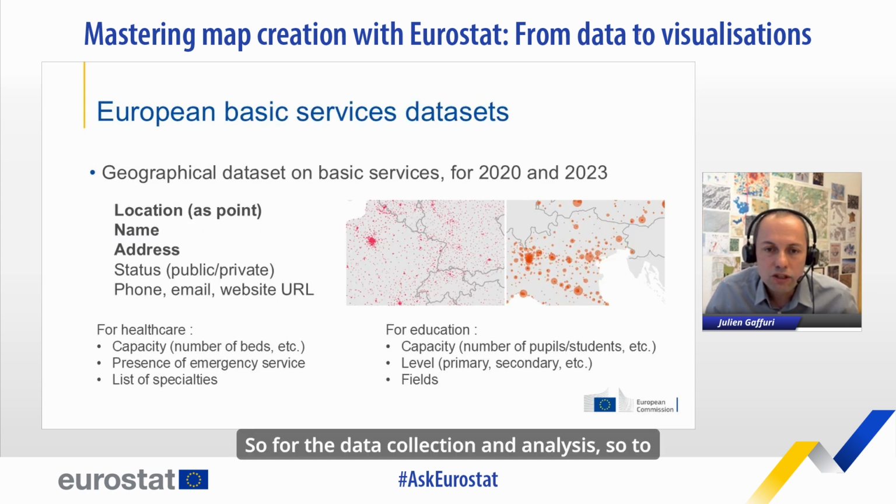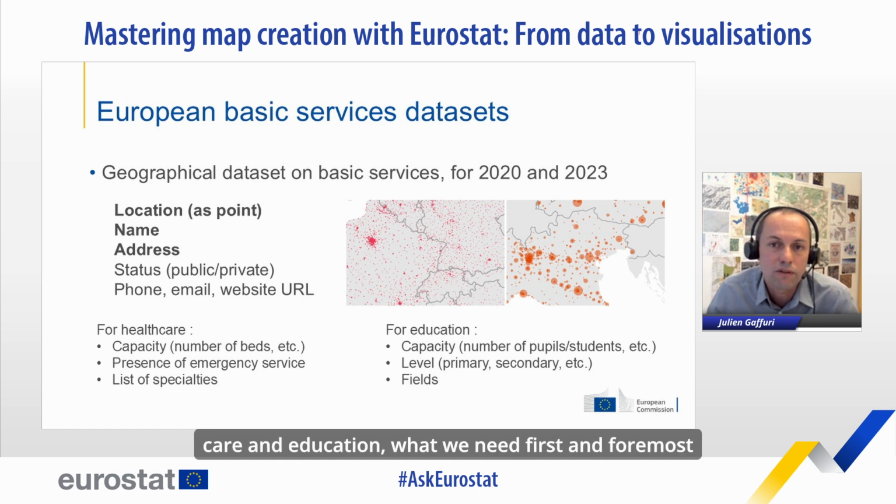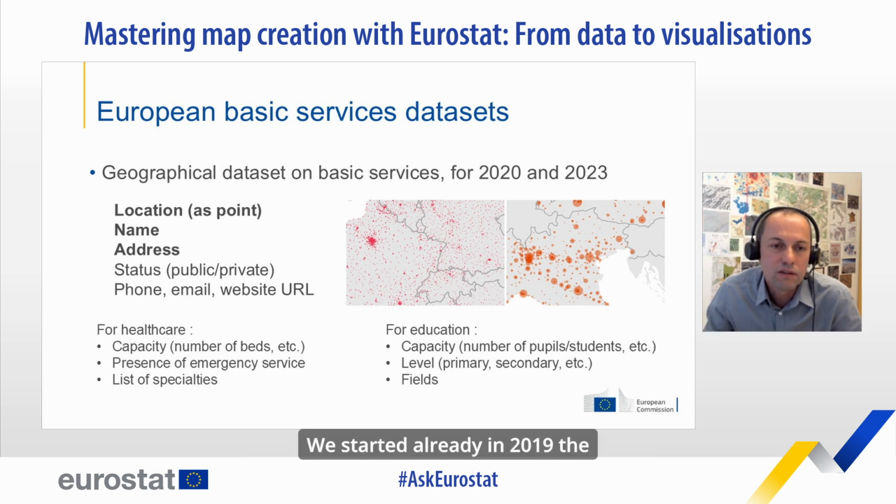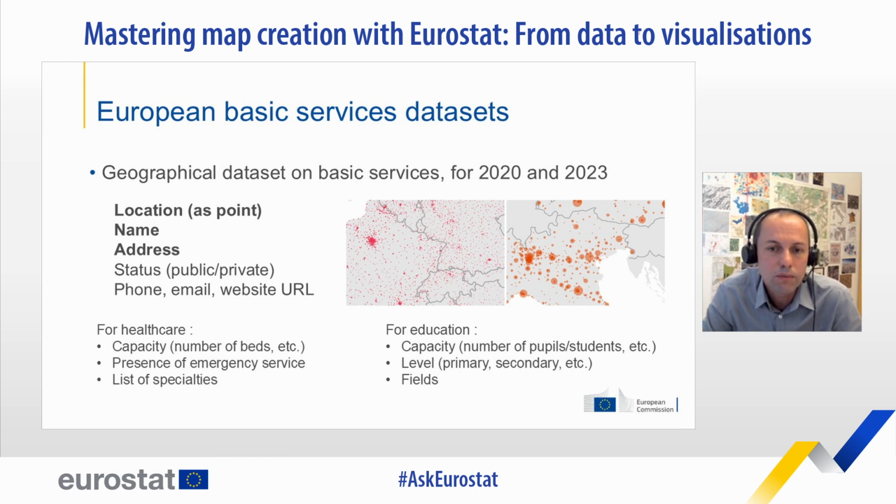So for the data collection and analysis, to measure the accessibility to basic services, healthcare and education, what we need first and foremost is, of course, the location of these services. We started already in 2019 the collection of such data sets, which describe the distribution of healthcare and education services in Europe.